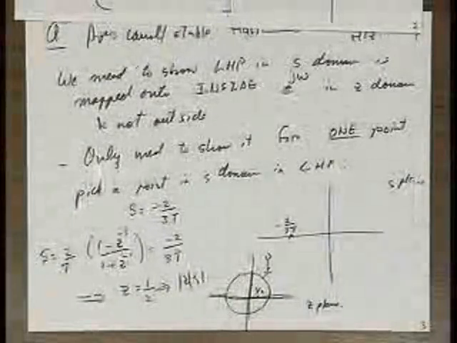So essentially we've shown that a causal stable H sub A of S results in a causal stable H of Z, H sub D of Z. D stands for discrete, not desired.